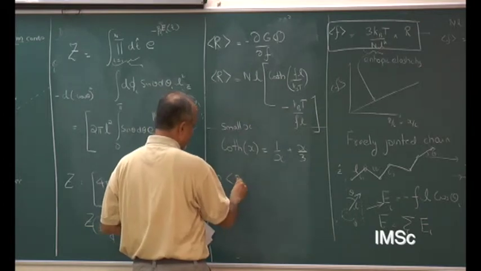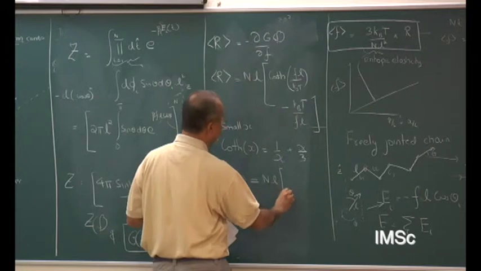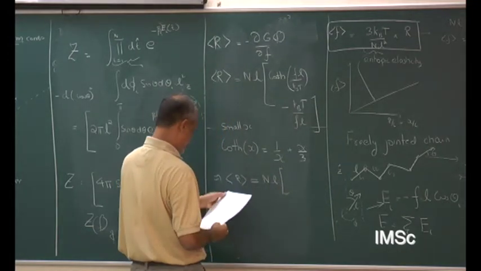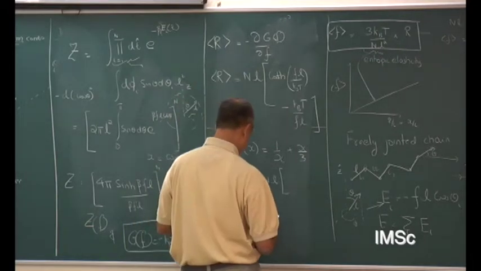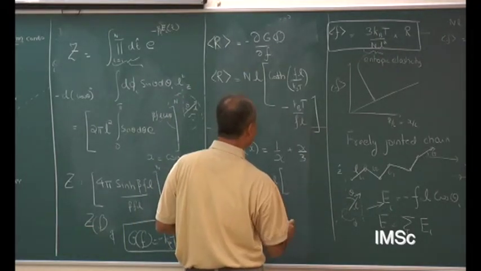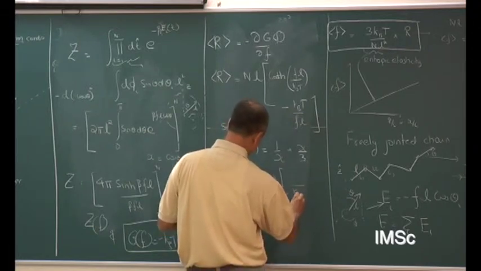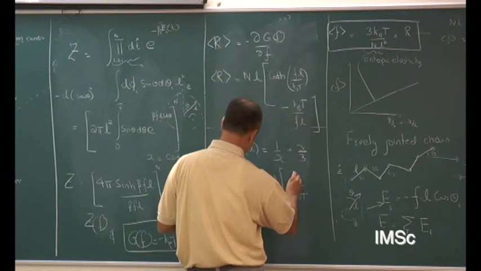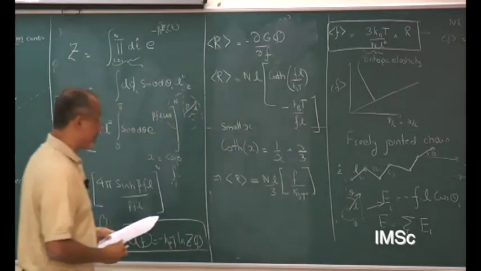So R averaged must then be n times L times L divided by 3 times kBT times f.